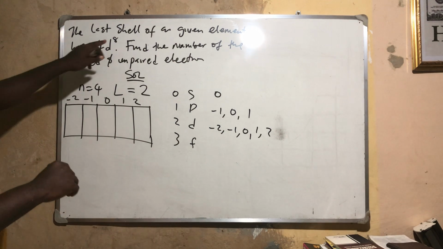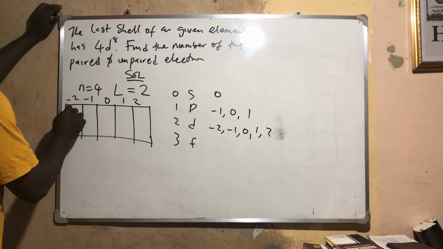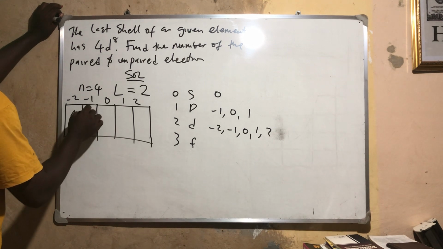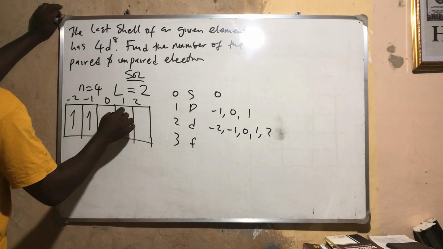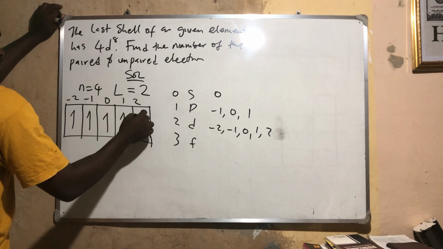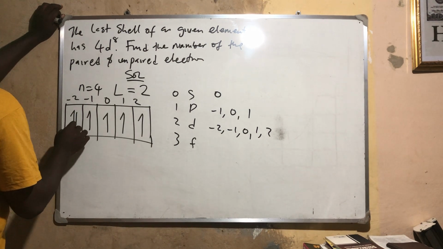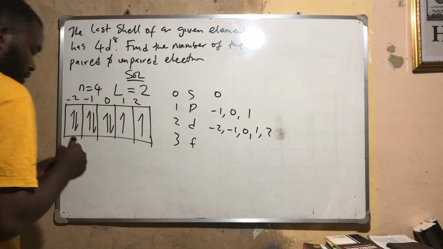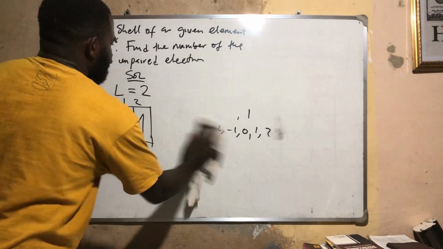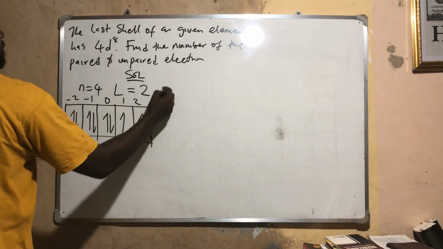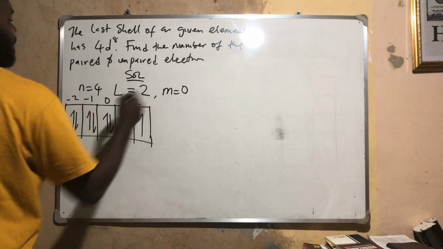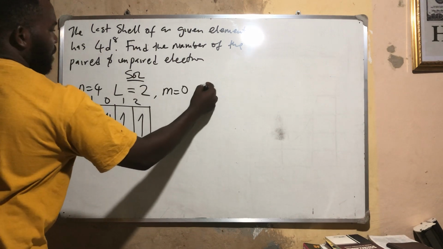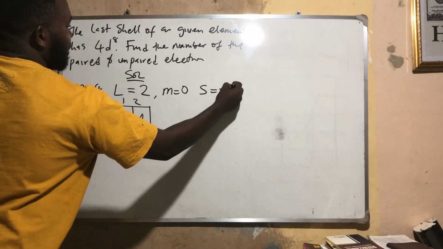Okay, so let us share our electrons that we have. You have to spin up before spinning down. We spin up 1, 2, 3, 4, 5 before we spin down 6, 7, and 8. Since our last electron stopped at 0, our magnetic quantum number is 0, and it stopped with a spinning down, so the spin quantum number is -1/2.